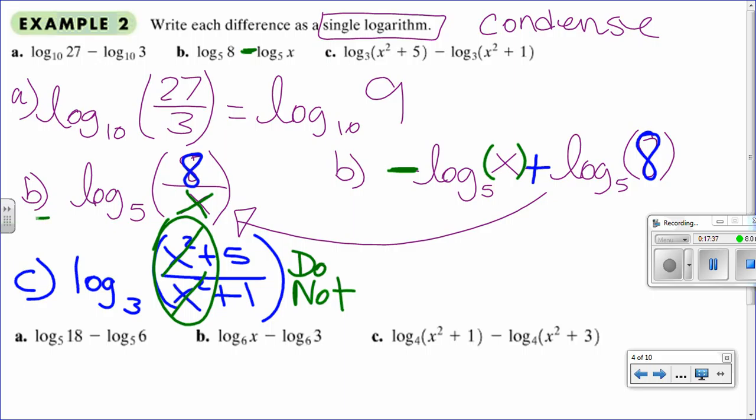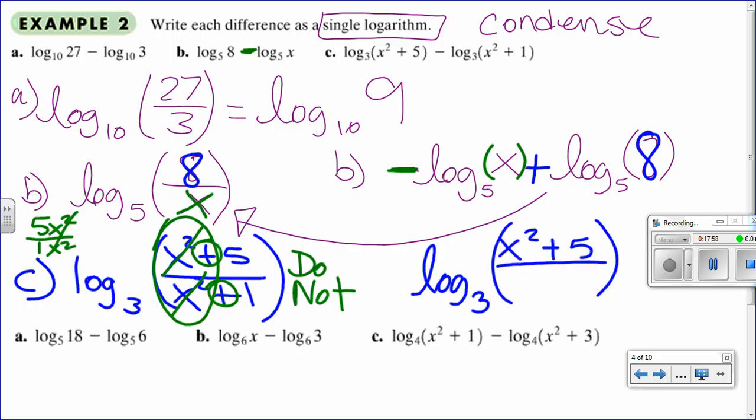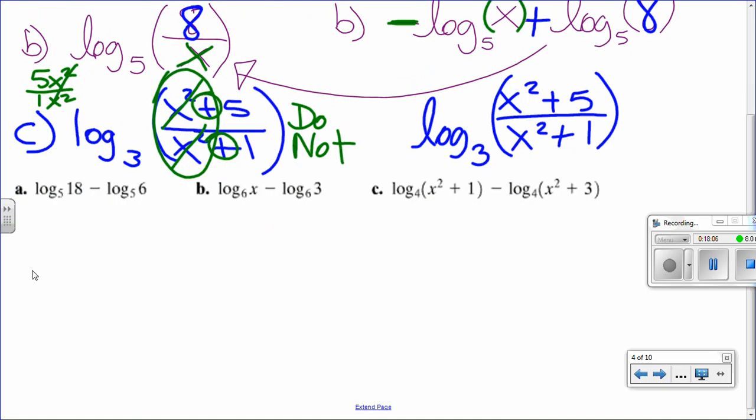If you had something like 5x squared and 1x squared, then yes, you can cancel the x squared. But in this case, you cannot because they're terms. How do we know they're terms? Because there is a big plus in between. Would it be just 1? So the correct answer is this. And that's it. You do not simplify it, okay? So now please go ahead and complete the next three.